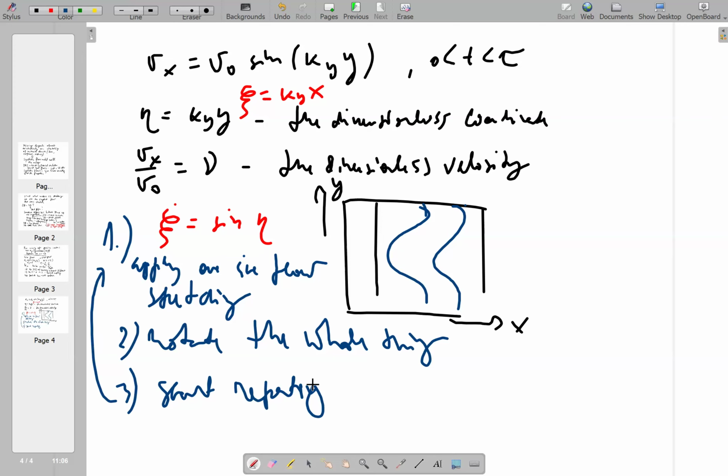You can have a random phase and random directions. But you cannot rotate by 45 degrees, because with periodic boundary conditions that no longer works.